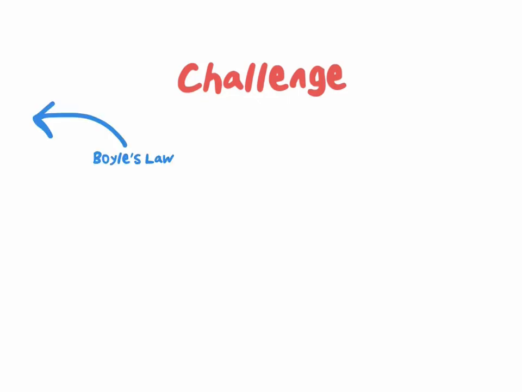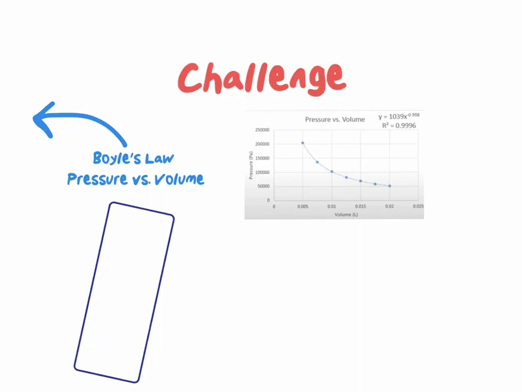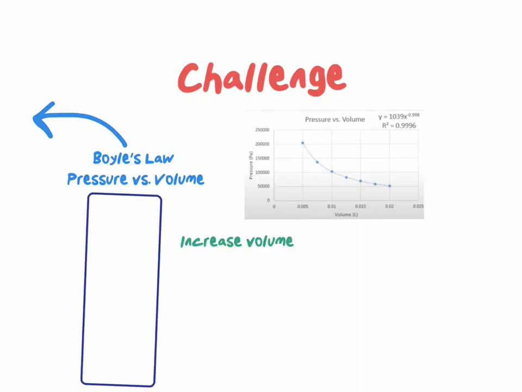So I leave you with a challenge. At the beginning of this video, when we looked at Boyle's Law, the relationship between pressure and volume, I specifically did not address something that I think is fundamental to the next steps we take, and that is the following. If I increase a fixed amount of gas to a larger volume, I know the pressure is going to drop.